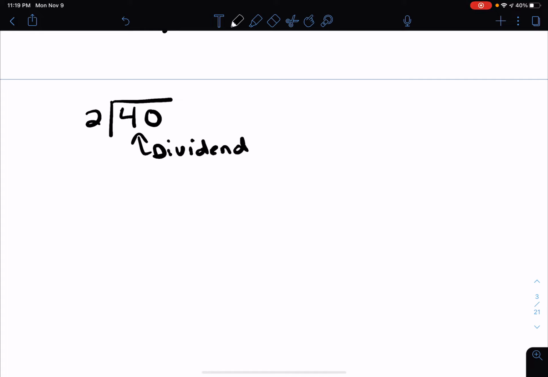All right, let's say I have a number like 40. If I divide 40 by 2, 40 is considered the dividend, 2 is considered the divisor, and the answer, 20, is the quotient.